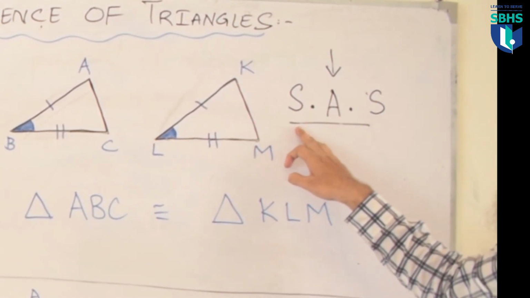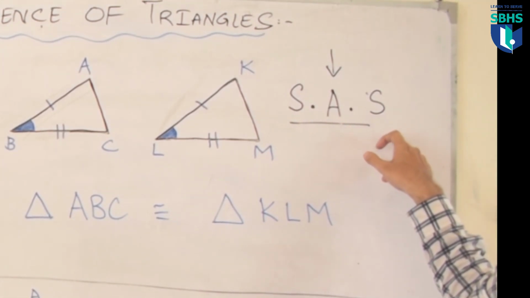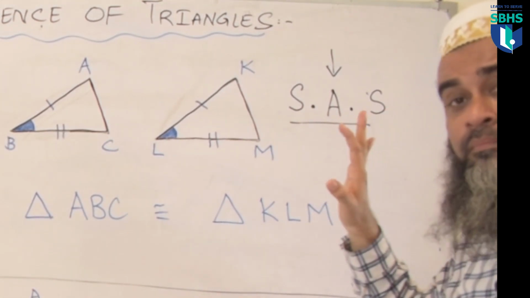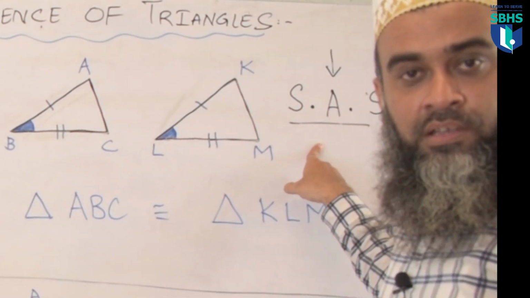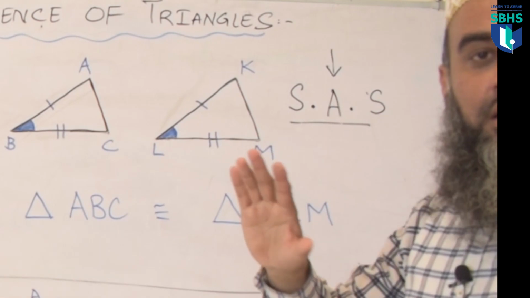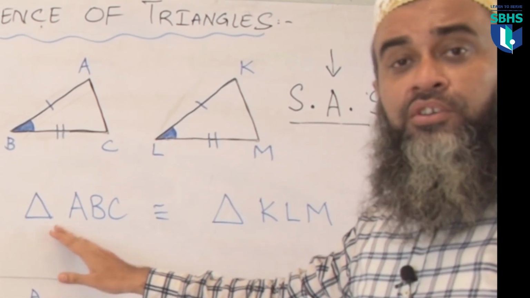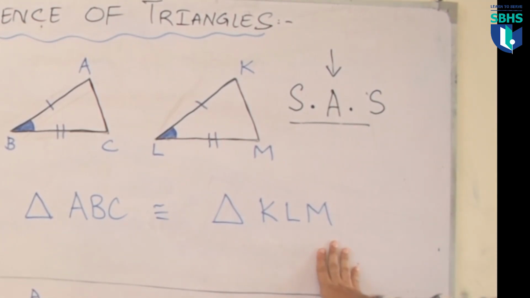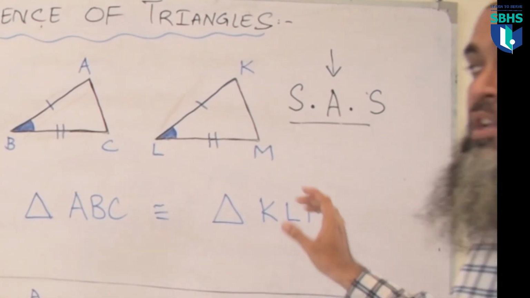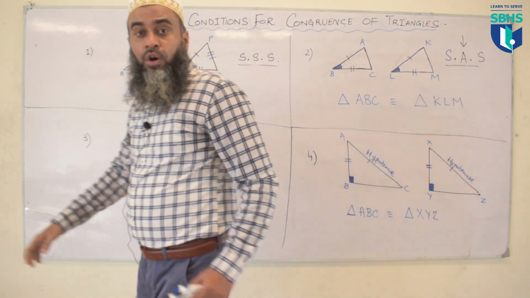So this is the SAS theorem, or side angle side theorem. If any two triangles obey this theorem, we can say that both the triangles are congruent. Triangle ABC is congruent to triangle KLM. So that is the second condition of congruence of triangles.